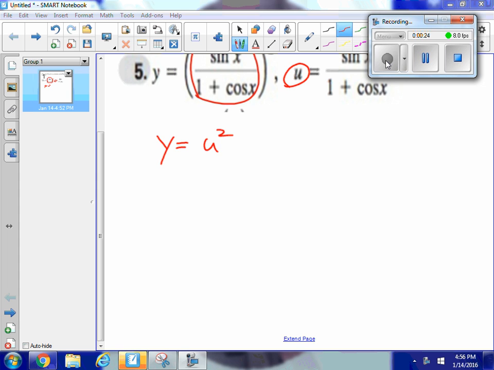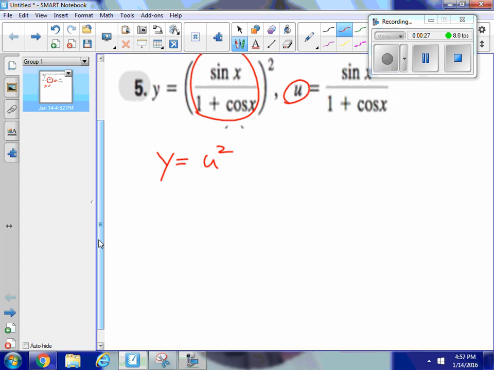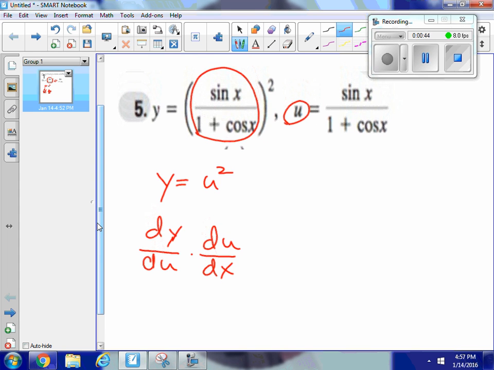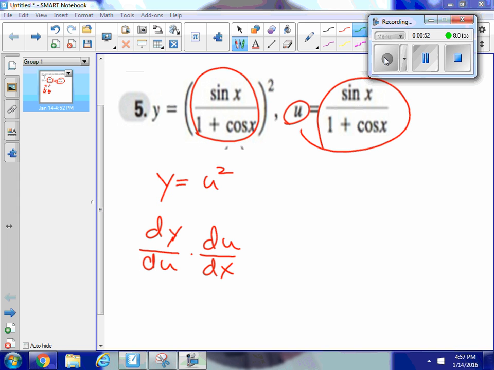And what they want me to find is the derivative of y with respect to u, and then I would have to multiply it times the derivative of u with respect to x, because as you can see, my function u, the variable I'm with respect to, is x. So using the chain rule, I'd get y prime is equal to 2u, but I'd have to multiply that by u prime.